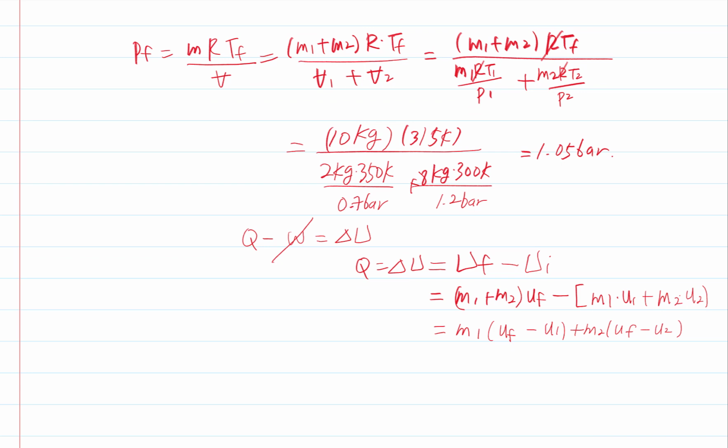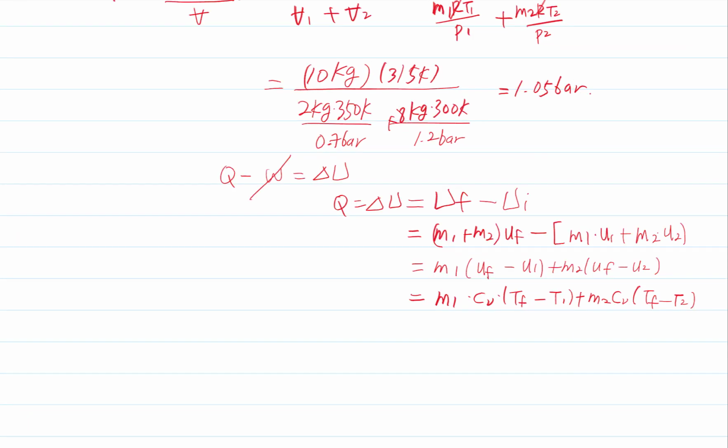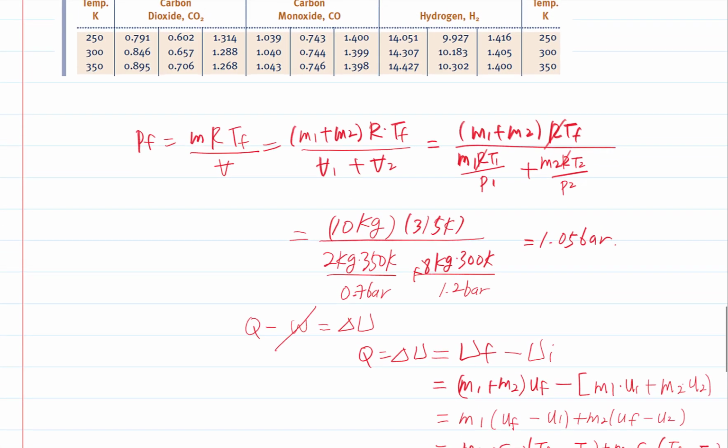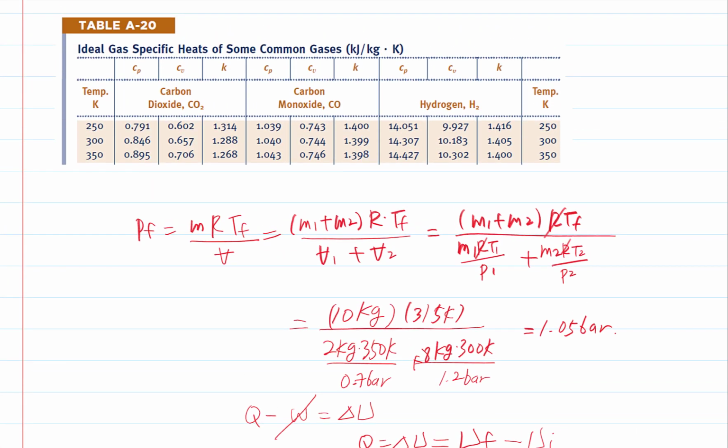Assuming constant specific heat, this is Cv times temperature difference. The constant volume specific heat can be determined from Table A-20.